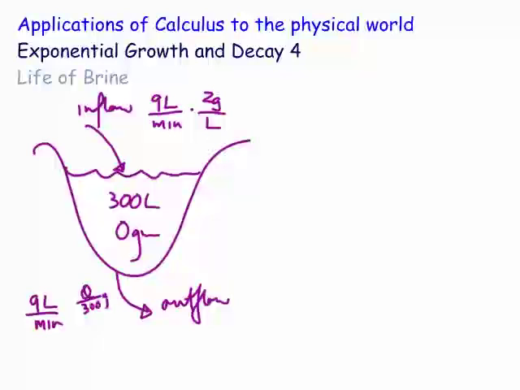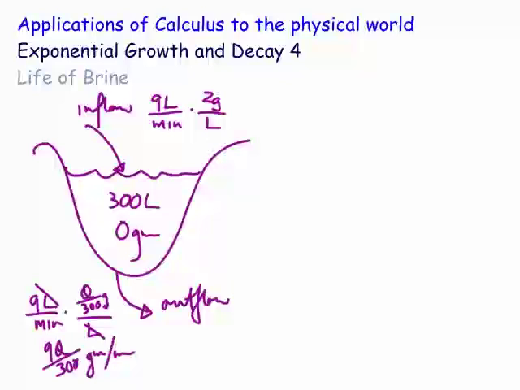That's how much would be coming out. So the decay would be 9Q over 300, the amount of salt coming out is 9Q over 300 grams per minute, which is about 3 on 100.